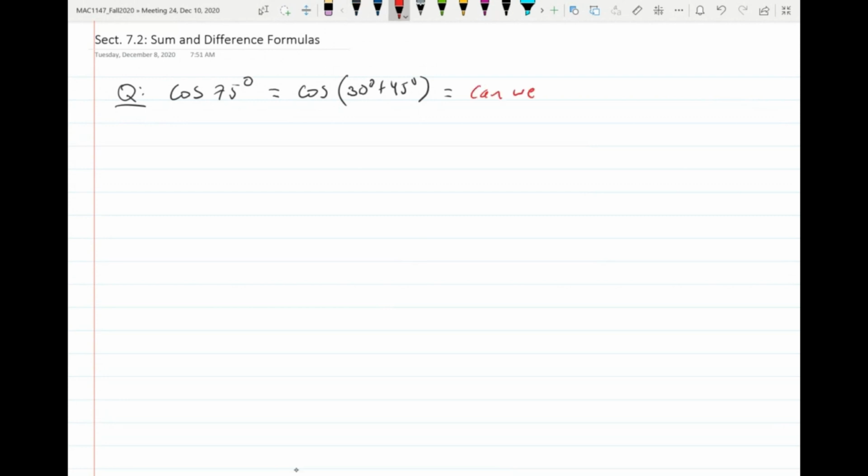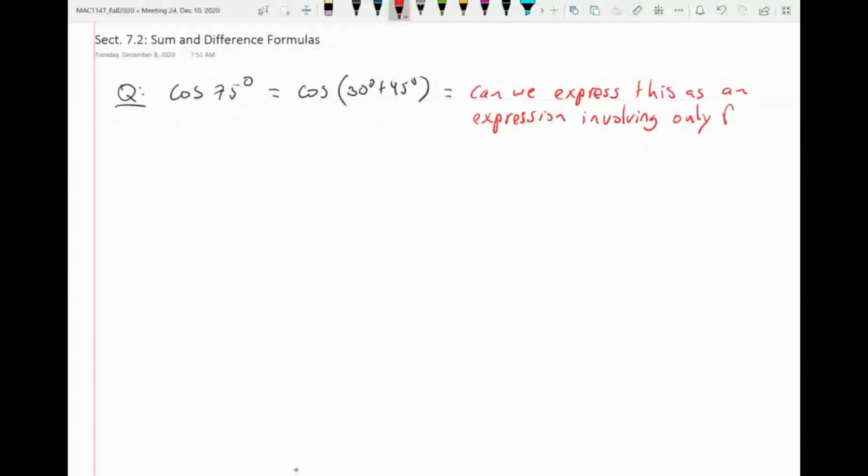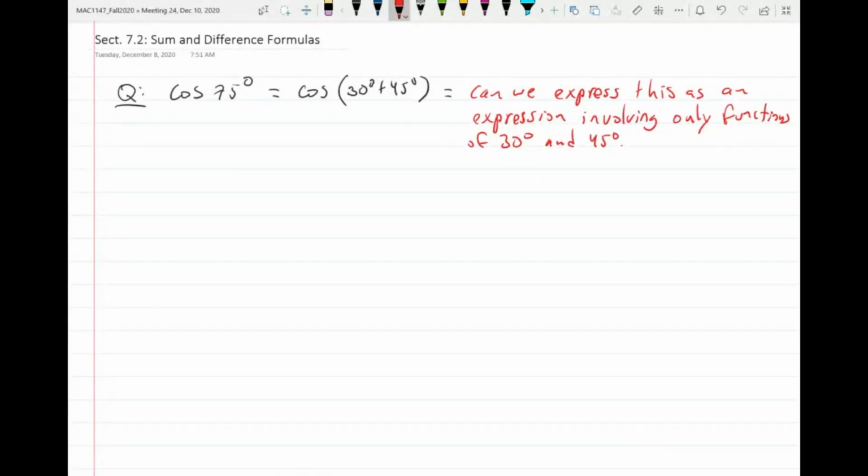Can we express this as an expression involving only functions of 30 degrees and 45 degrees? Because if we do that, then we'll be able to calculate these values, because it's at the special angles, and then we will be able to know exactly what the cosine of 75 is, for example.